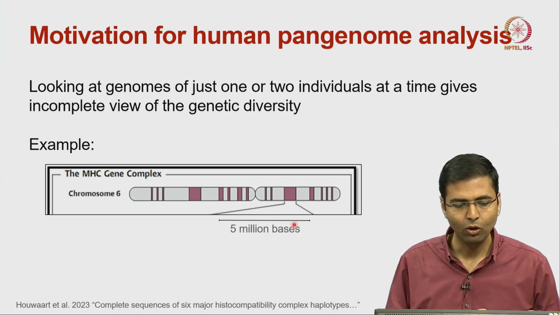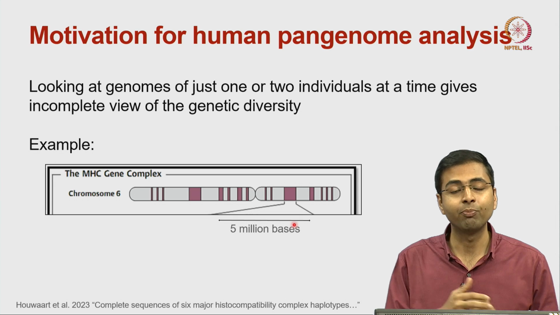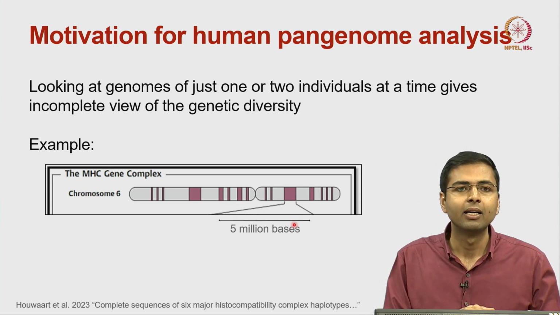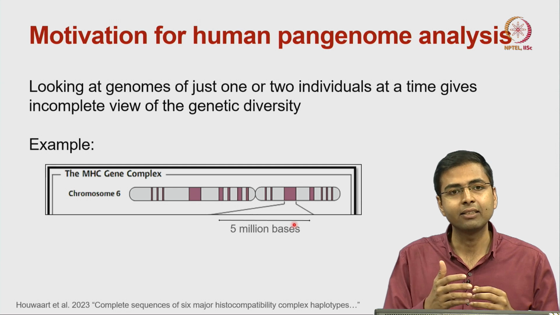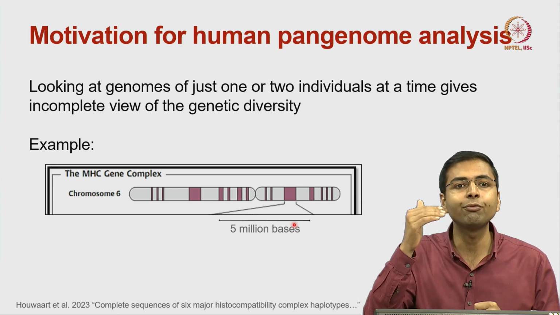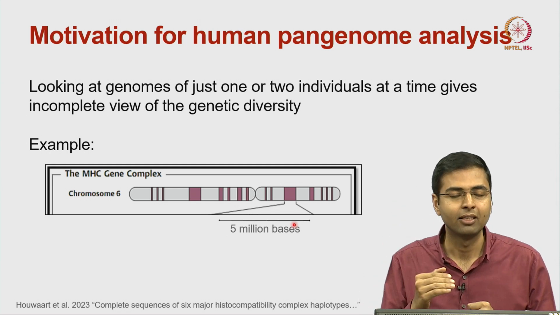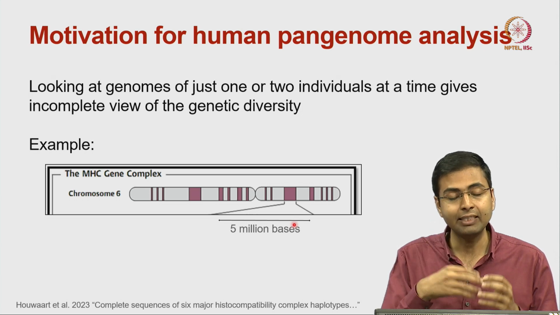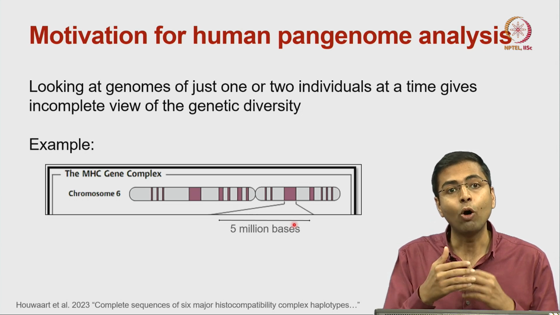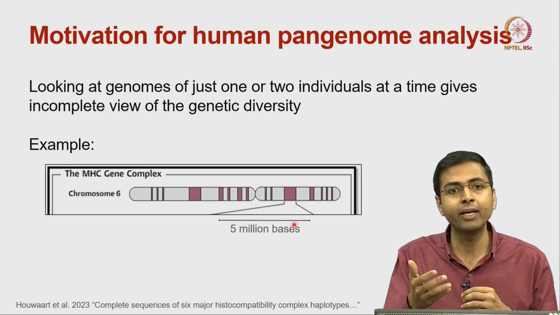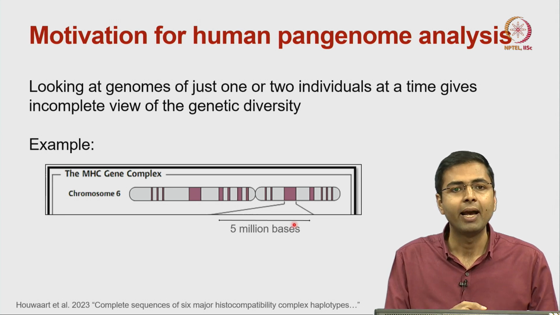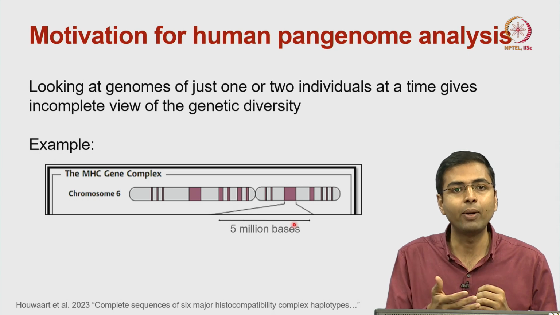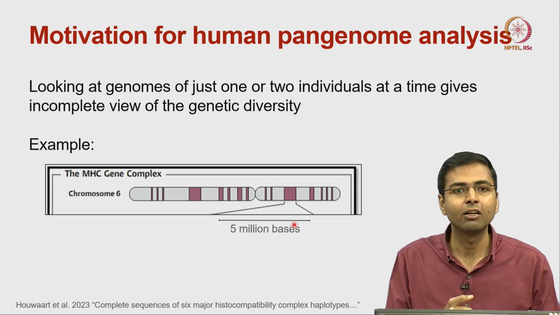If we look at these sequences of multiple individuals and see how similar they are, what we usually find is that these regions vary significantly from one individual to another. Therefore, collectively looking at and analyzing the sequences tells us how this sequence is evolving in different individuals and what might be the relationship of different sequences with different phenotypes.